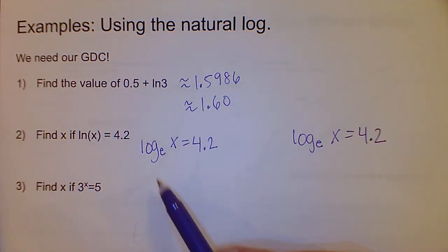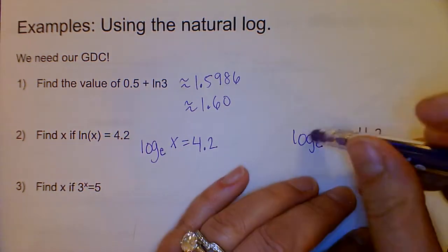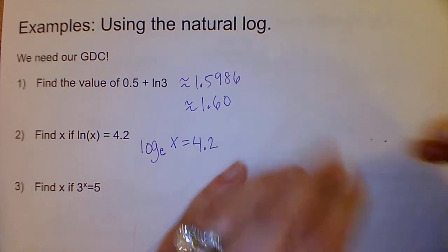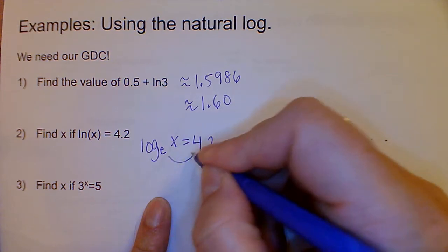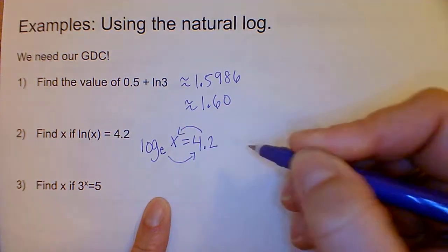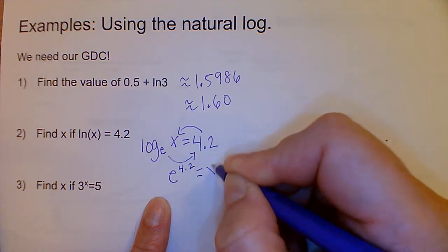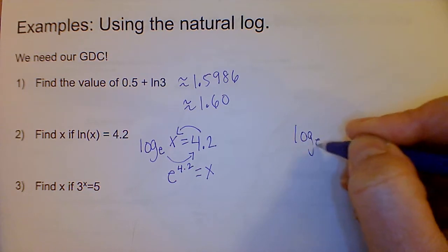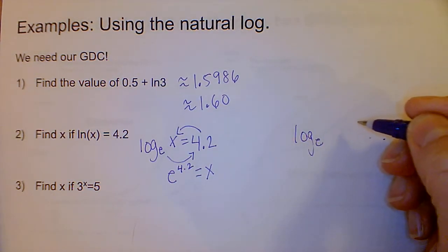So log base e of x equals 4.2. Now what we can do is transform this into e raised to the 4.2 equals x. And we can write this over. So what am I using? I'm using all these rules now.